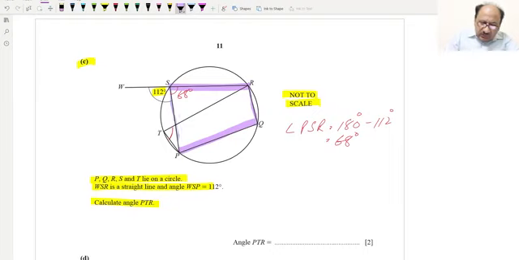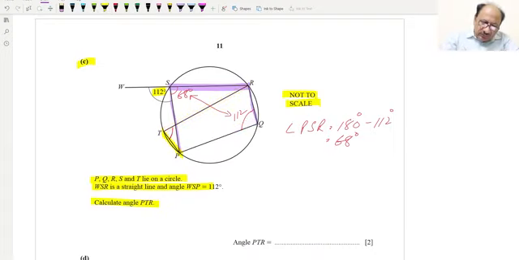Now if this is 68 degrees, and we know that this is basically a cyclic quadrilateral. So in this cyclic quadrilateral, this is the opposite angle, and this opposite angle will be 112, because opposite angles should add up to 180 degrees. So we reach till here, and now we can consider the other cyclic quadrilateral, which is this one.